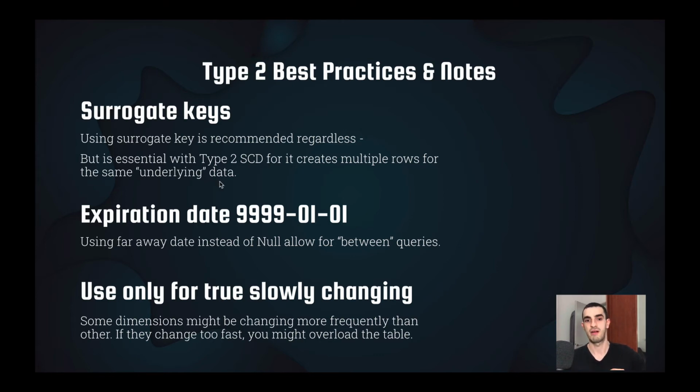Surrogated keys are best practice regardless, but when we use type 2, in which we add a new row, it's an absolute must, because some people tend to use the IDs of an object from their operational database in the data warehouse, and when you use type 2, you will absolutely get to a collision because you need to add a new row representing something new. So you absolutely can't use the same ID. So you need to have some process in your ETLs or something else to generate surrogate keys.